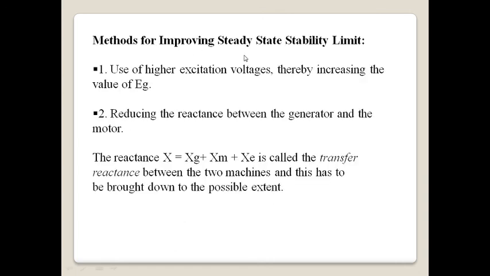So the methods of improving the steady state stability limit are: use higher excitation voltages, thereby increasing the value of Eg, and reduce the reactance between the generator and motor. The reactance X, equal to Xg plus Xm plus Xc, is called the transfer reactance between the two machines, and this has to be brought down to the possible extent so that we can get maximum power transfer or maximum steady state stability limit.